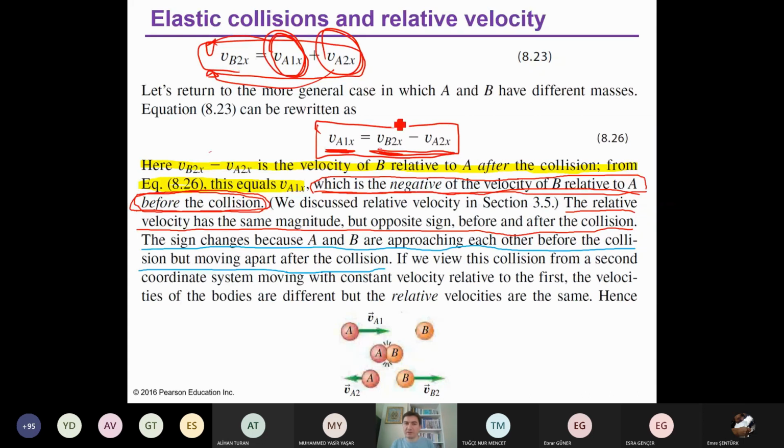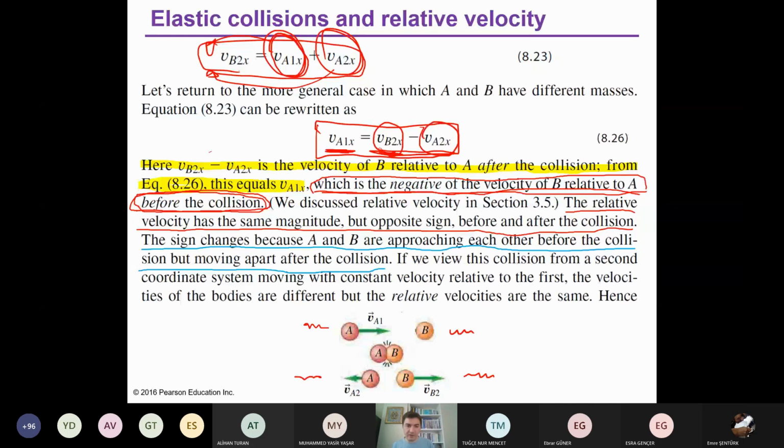What do you see here? Let me show you. This is the A ball, this is the B ball, and this is the final velocity of the A ball. This is the final velocity of the B ball. Look at the picture. Here we have the final velocity of the B ball minus the final velocity of the A ball. What is this?